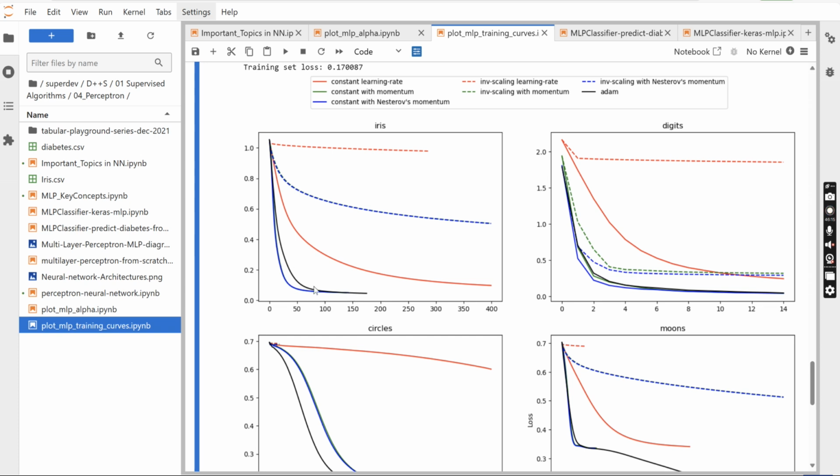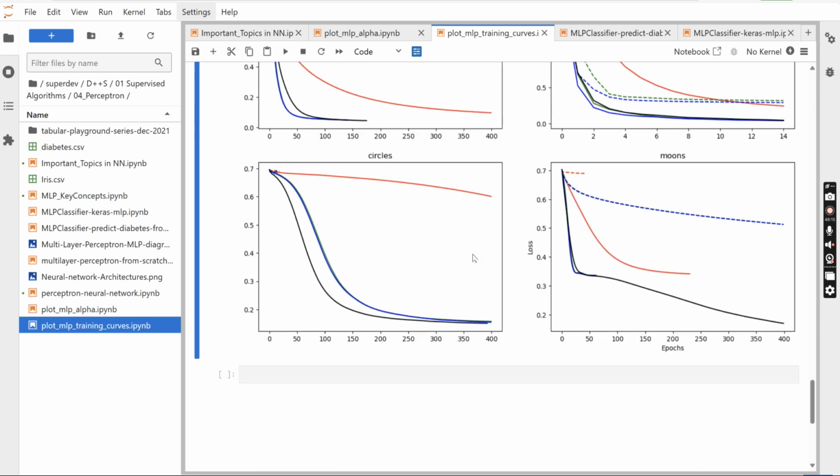So does the Adam, black line. Here also blue line and black line, they are competing. They are doing the effective decrease in loss with the least amount of epochs. Here notice Adam is doing a better job than the blue line, which is Nesterov's momentum.